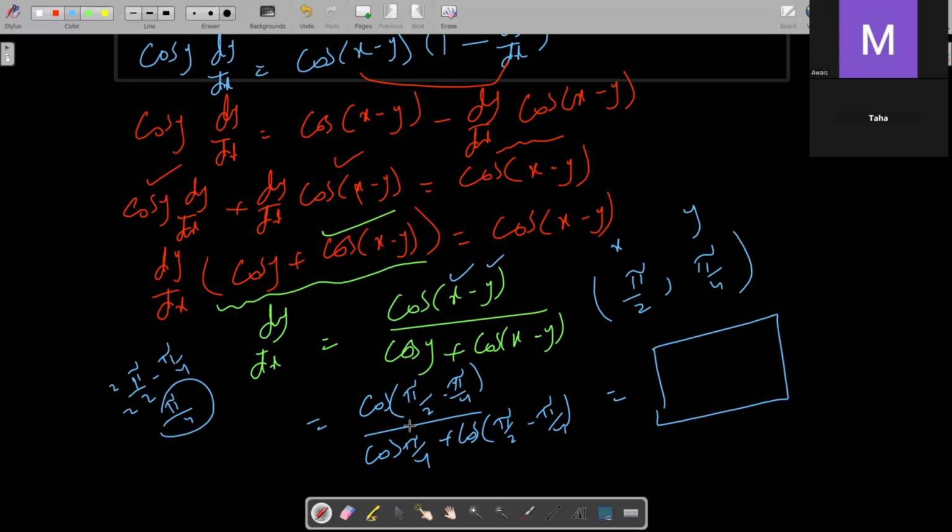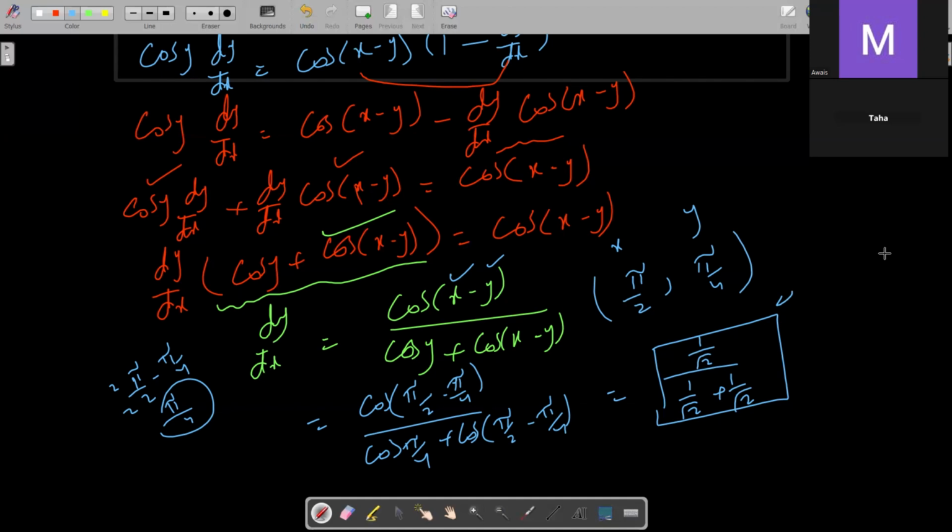So cosine pi over 4 over cosine pi over 4 plus cosine pi over 4. To simplify this expression, what is cosine pi over 4, by the way? I think it's 1 over square root 2. Yeah. 1 over square root 2 over 1 over square root 2 plus 1 over square root 2. Just simplify this expression to write your final result.